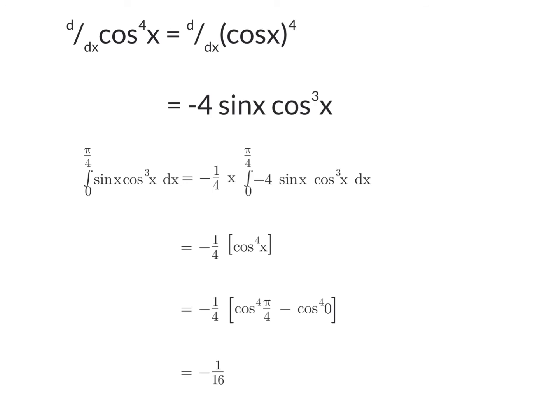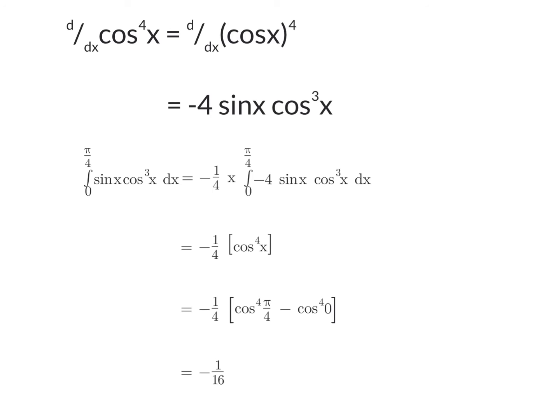So now I'm going to use that to integrate. We're integrating from 0 to pi on 4 of sine x cos cubed x. Notice that's very similar to what we differentiated to, except our differential ended up with a minus 4 in front. So let's put the minus 4 back.